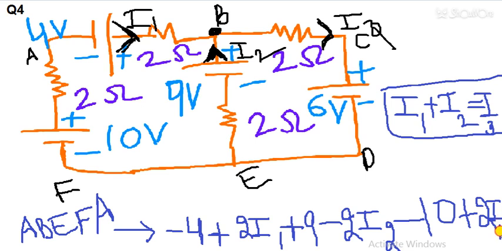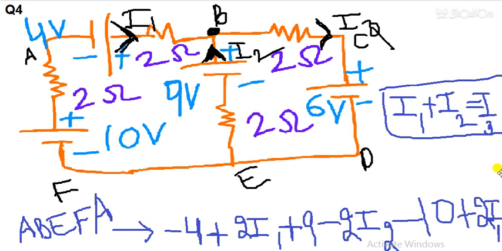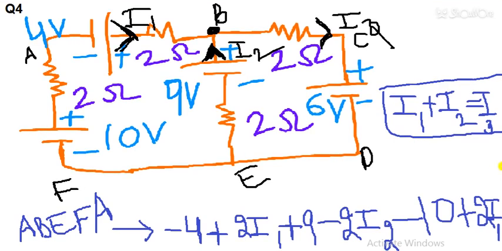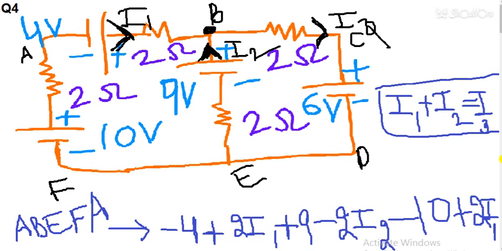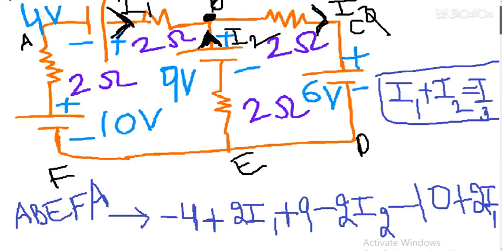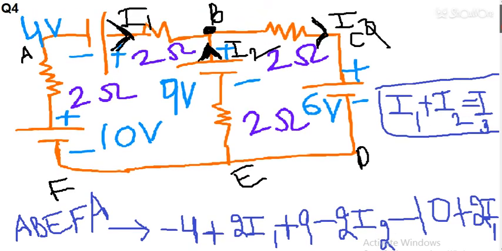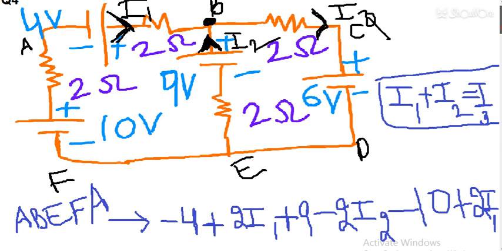Students, I hope this is visible on the right hand corner. Okay, let me move the screen recorder. I hope it is visible now. This is the equation of path A, B, E, F, A. I hope it is clear.